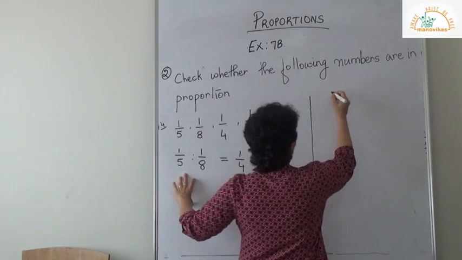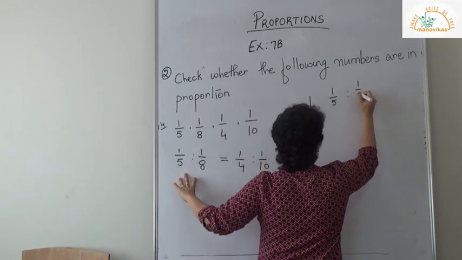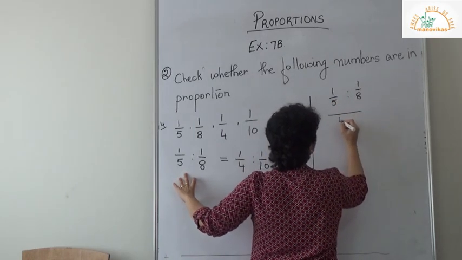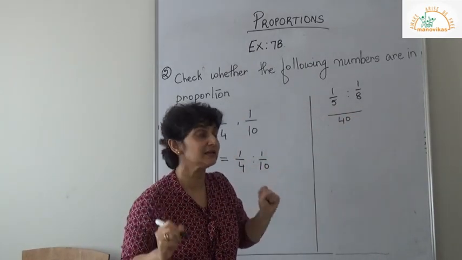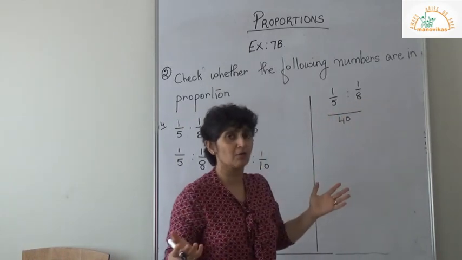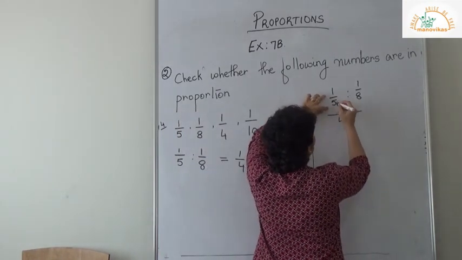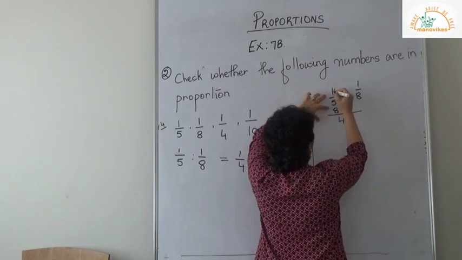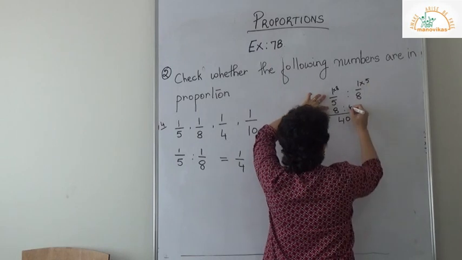So let me take this into my rough column. 1 upon 5 is to 1 upon 8. 5 8s are 40. Why did I multiply directly without taking the LCM? Because there is nothing common here, so I can multiply directly. 5 8s are 40. 5 goes 8 times, right? And 8 goes 5 times.